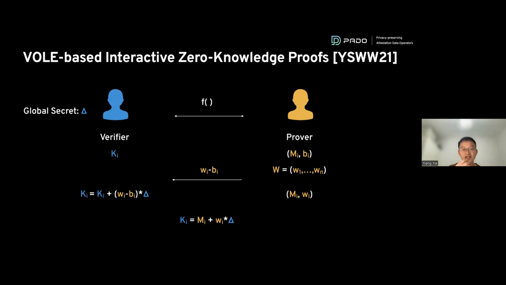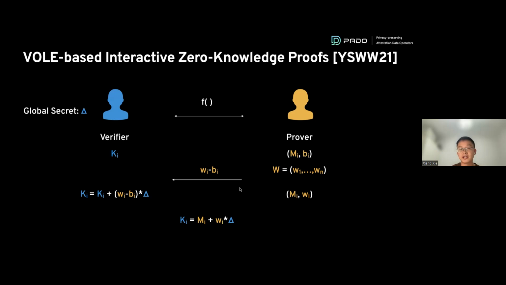Once we get this kind of tuple, when the prover has some witness, which is called W, or W1 to Wm, which are all bits, we have a very efficient way to make an IT-MAC of this specific input Wi. The prover just sends Wi minus bi to the verifier.